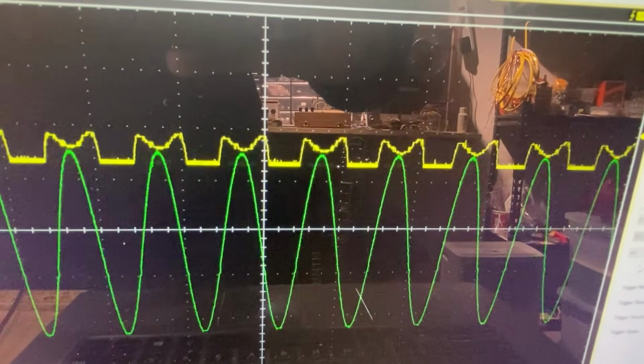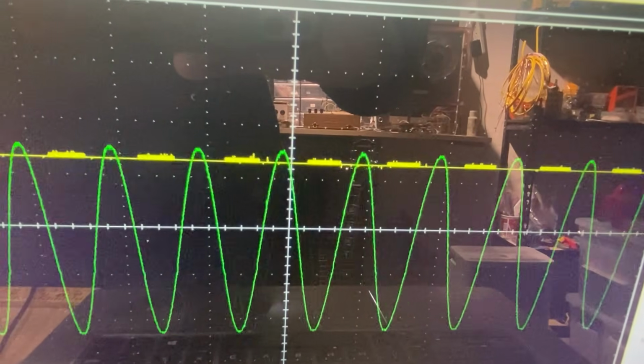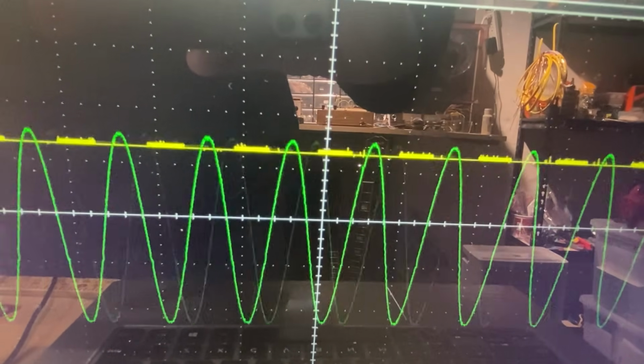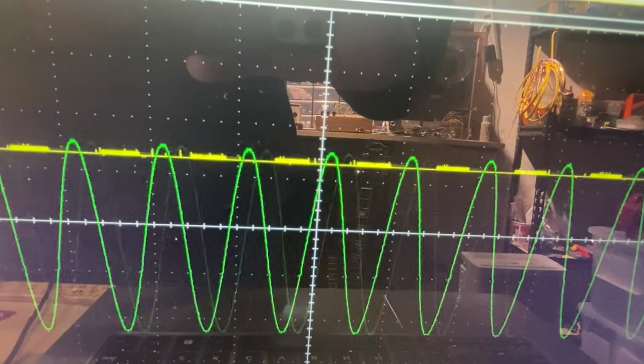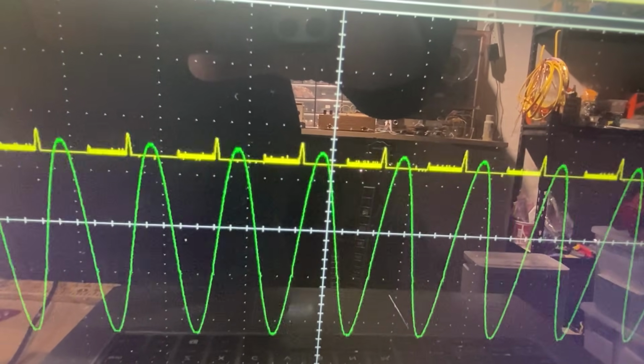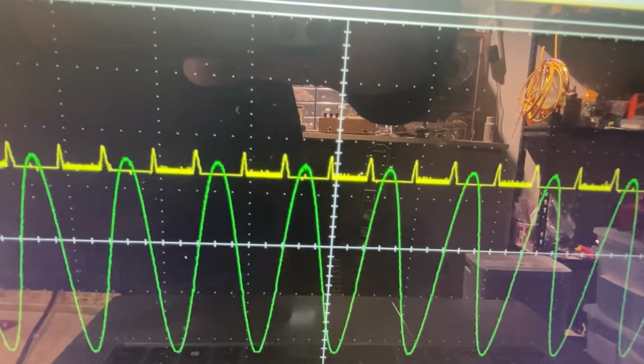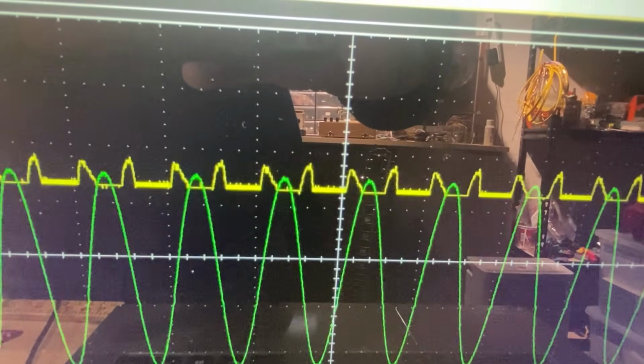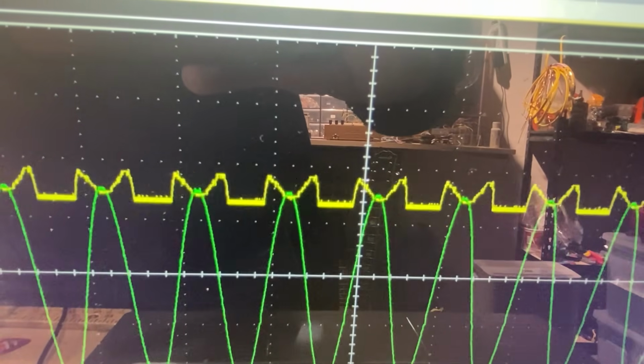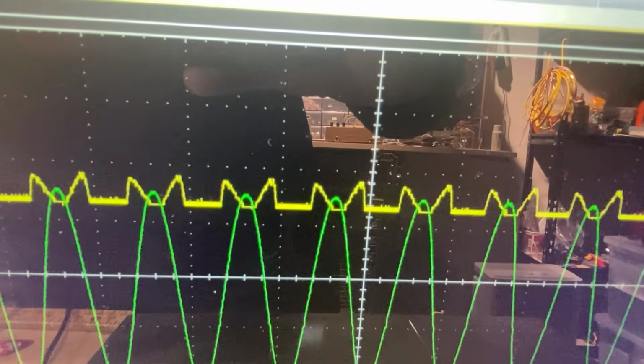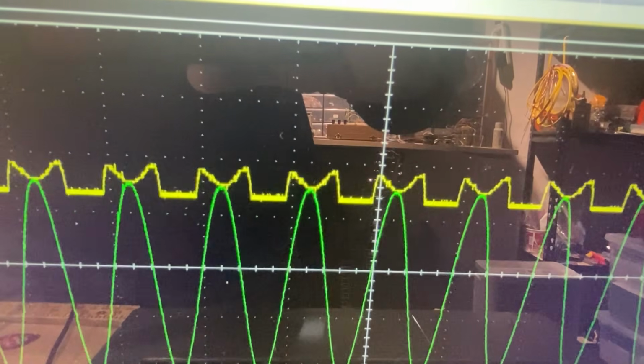I'm turning the DC down, that's ground, gradually going up, gradually still. All right, so there's something there.